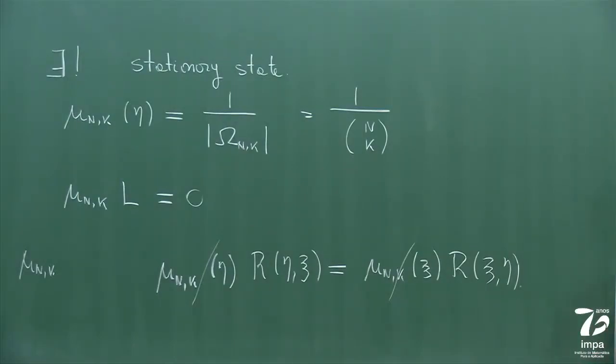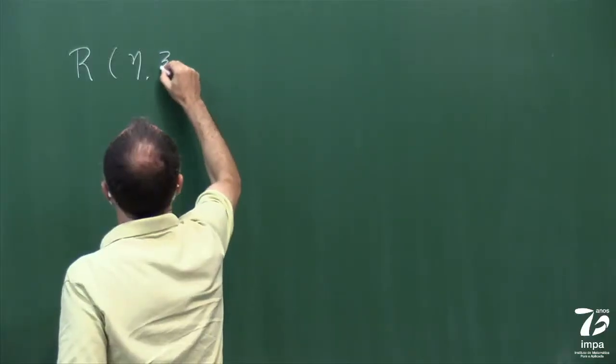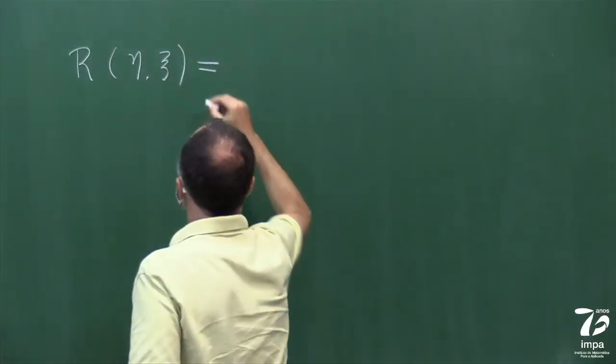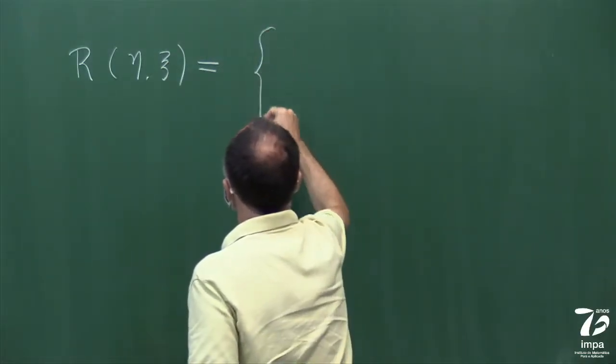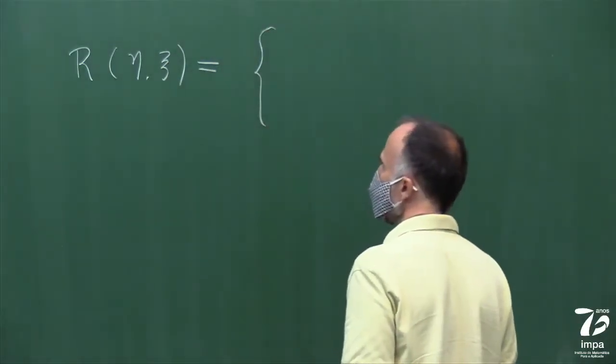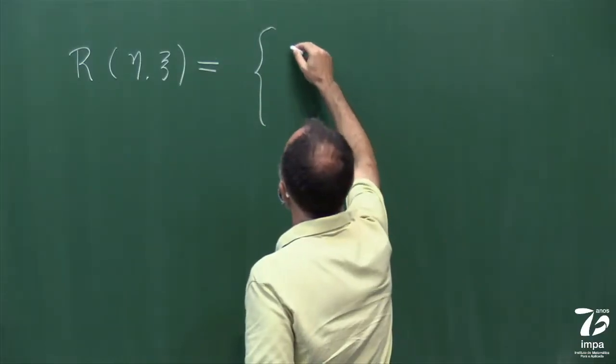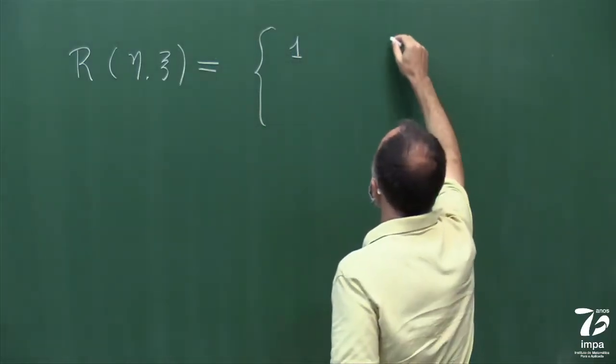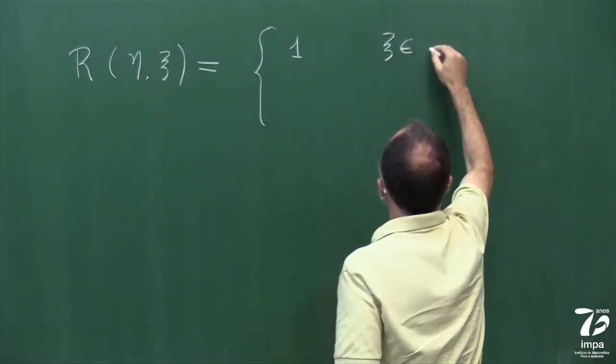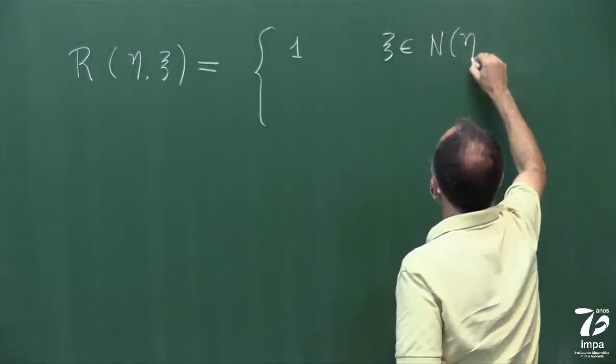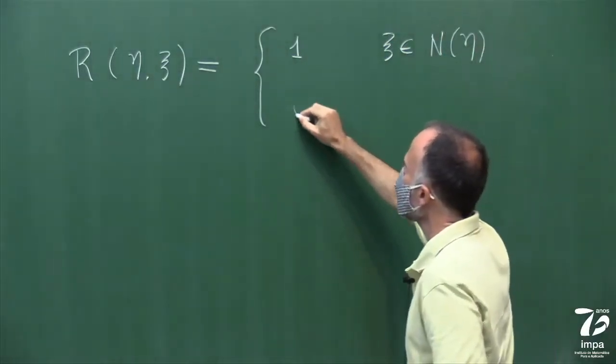Okay, and what is the jump rate from eta to psi? Well, we have seen that this jump rate is either 1 if psi is an element of the neighborhood of eta, and it's 0 otherwise.